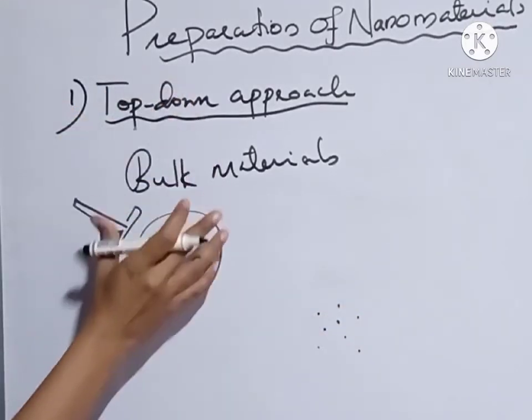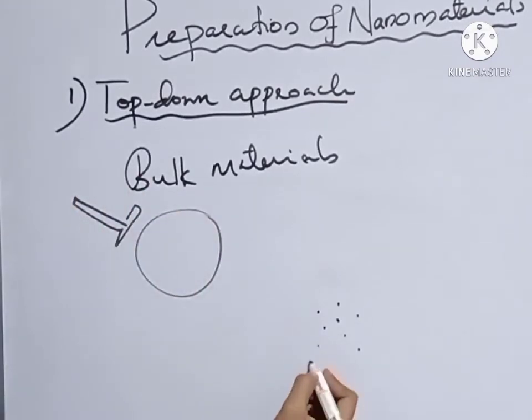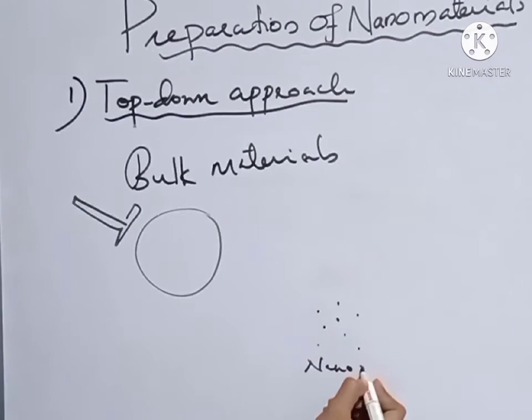So, in the top-down method, larger entities are broken down into nano-sized particles.